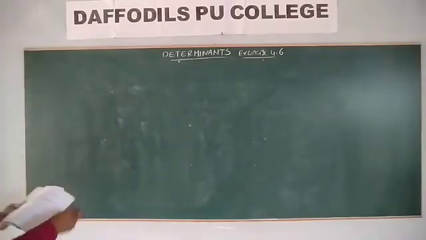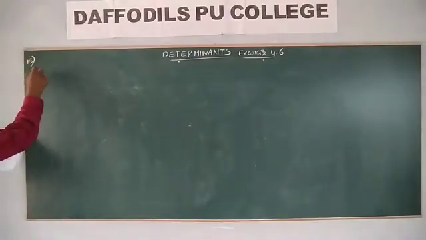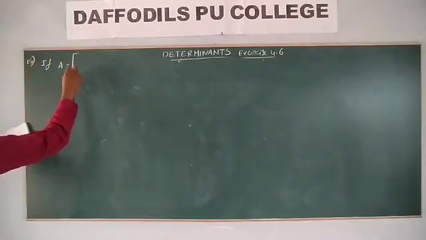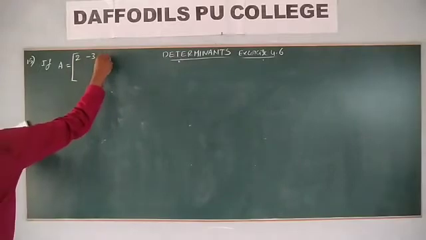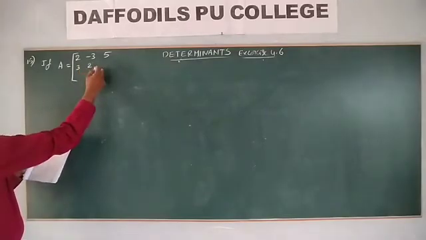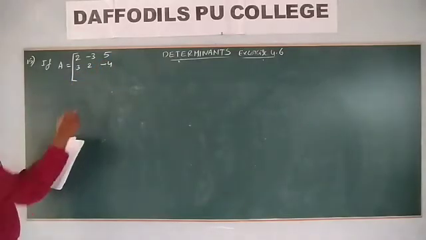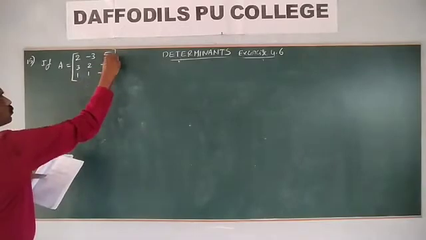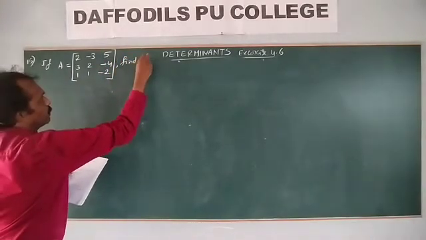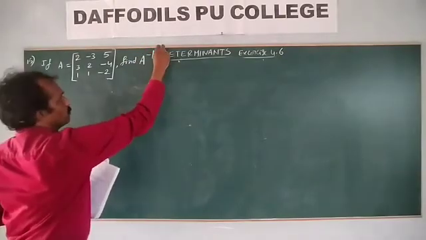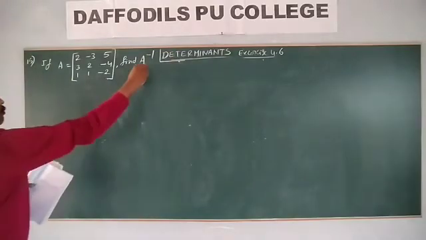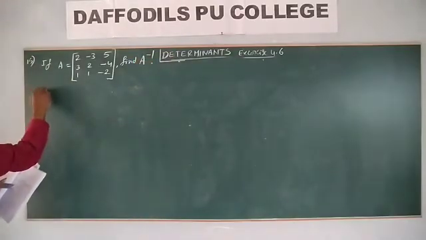Next, 15th question. If A is equal to 2 minus 3 5, 3 2 minus 4, 1 1 minus 2. Find A inverse.